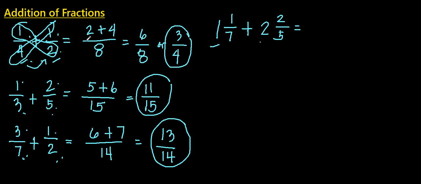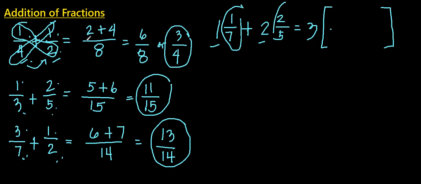So first, you have to add similar terms, which are the whole numbers 1 and 2. So if you add them, 1 plus 2 is 3. Then create a bracket area where you can put the remaining fraction terms, this and this.